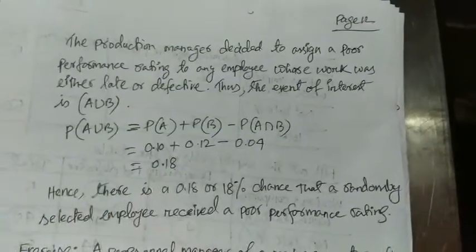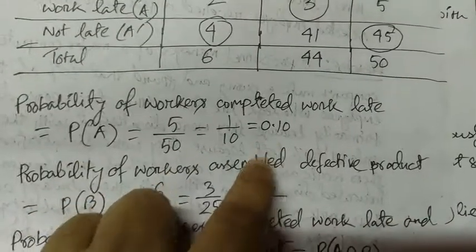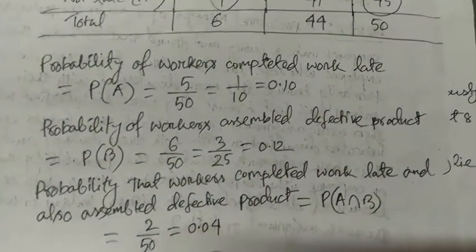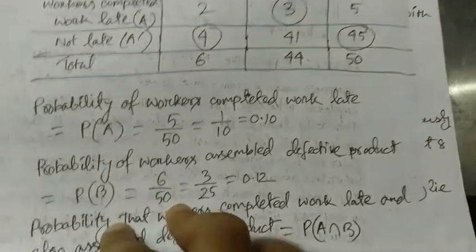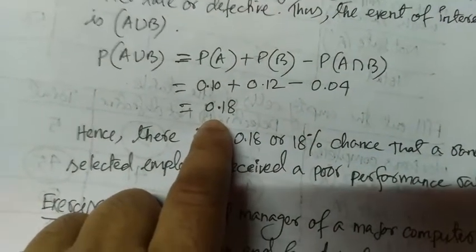We have already calculated the probability of all these. From the previous page we can see probability of A is 0.1, probability of B is 0.12, and probability of A intersection B is 0.4. So we put those values there, and if we calculate we get 0.18.